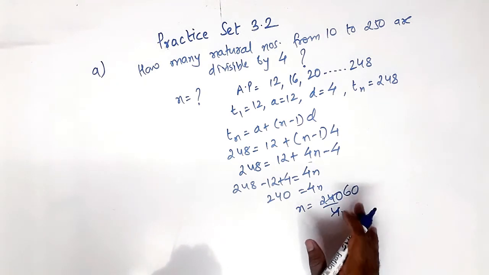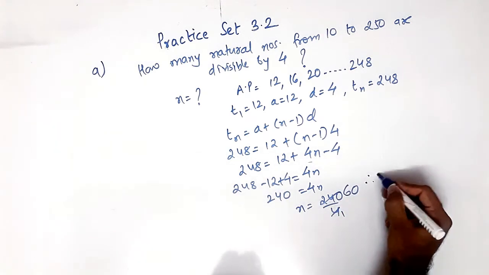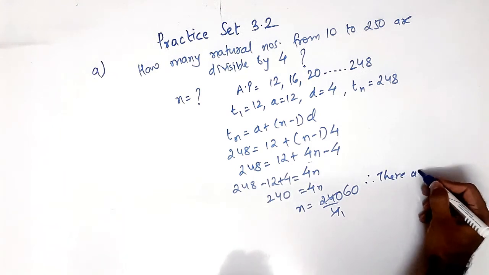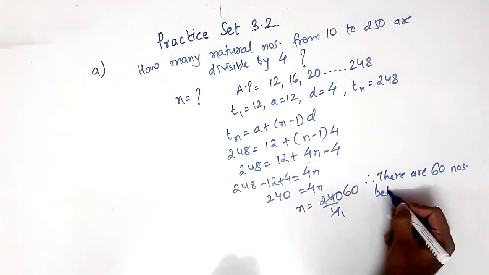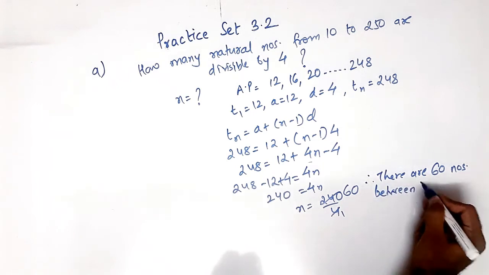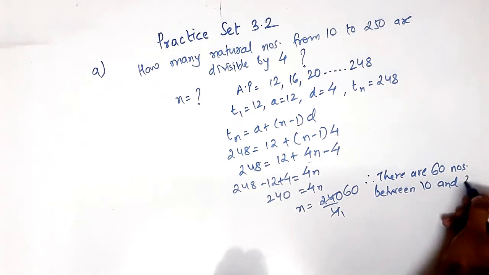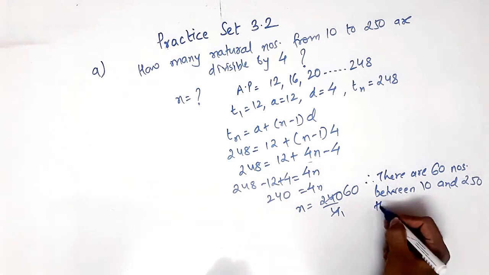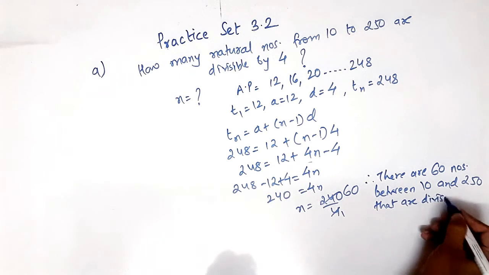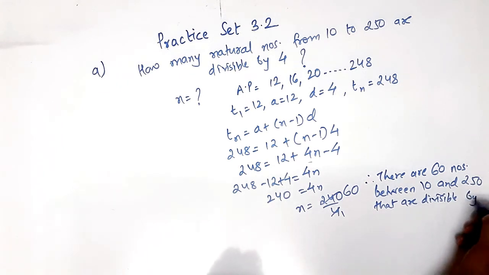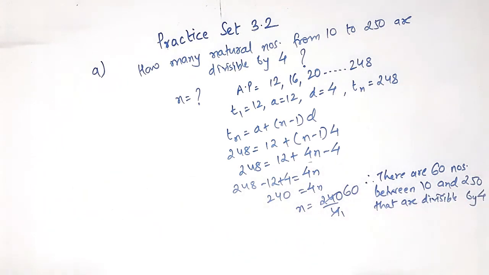You can see there are 60 numbers, therefore there are 60 numbers between 10 and 250 that are divisible by 4. Okay, clear?